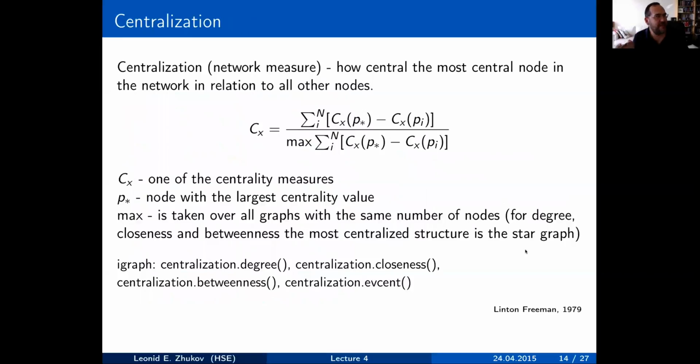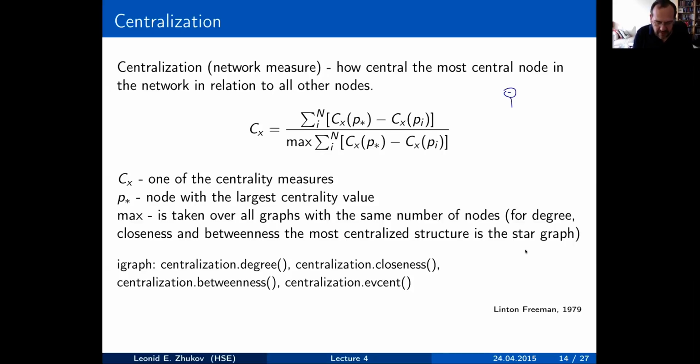So we talked about centrality, and centrality is a per-node metric, which means for every node in the graph, we calculate that. But there is also a notion that there are different graphs, and they look different.